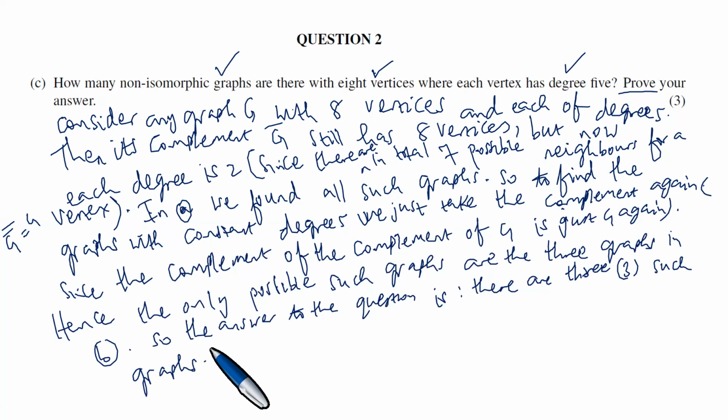So the answer is there are three such graphs. The details are there in the graphs, they're very evident. Somebody would have to draw, but the drawing's already there. So the marks are 3 because you just need to write a summary of the observations.